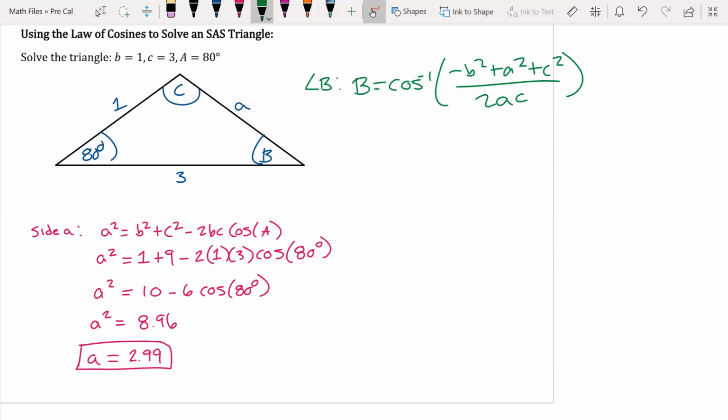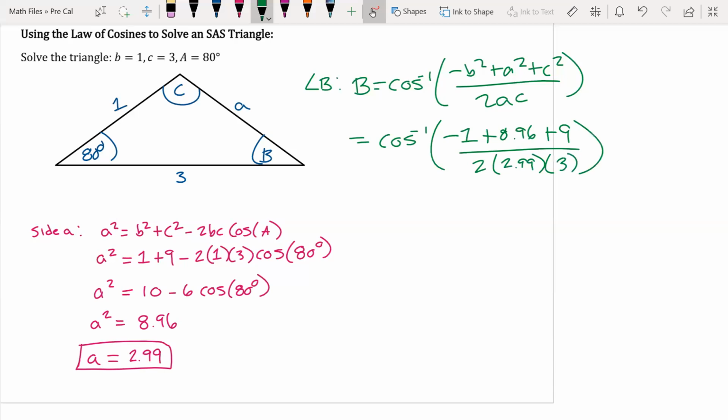Okay. Plug in our components and we get the inverse cosine, and B is going to be negative 1 plus 2.99 squared, which is going to be our 8.96. We'll just put it at that. Plus C squared, which is 9, all over 2 times A times C. And let's calculate.